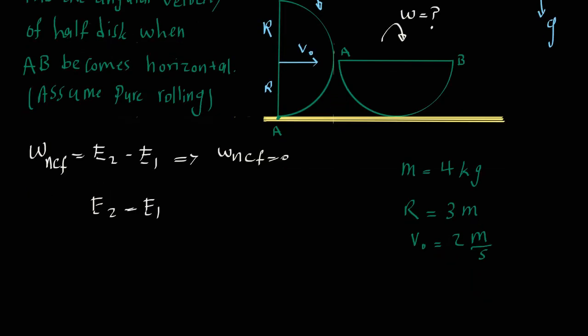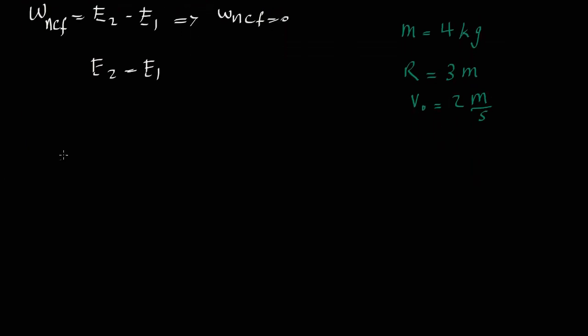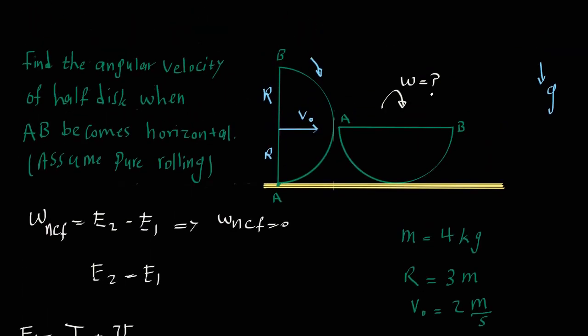So let's calculate these terms. For E1, I can say that E1 is equal to T1 plus U1. Let's calculate T1. First I have to find a reference point for calculating the potential and kinetic energy.